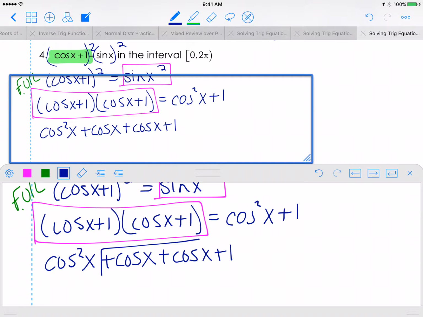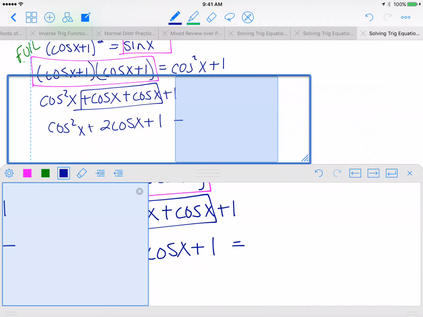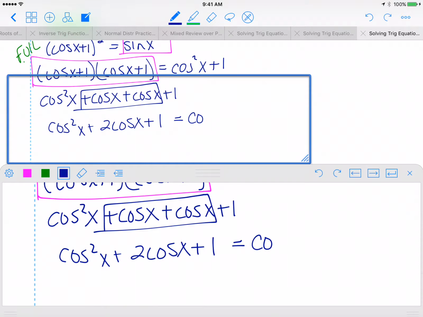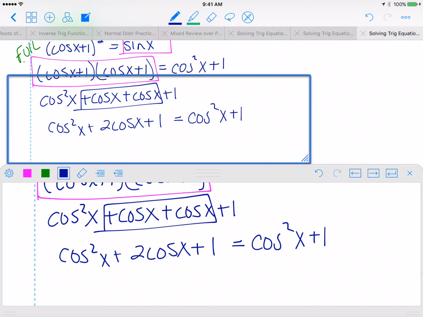Well, these cosines become 2 cosine x plus 1. And then don't forget what you have over here on your equal sign, cosine squared x plus 1. Okay. So now my thought is I need to get everything to one side. Oh, and I don't have this right.